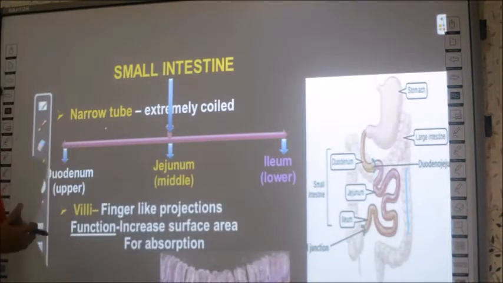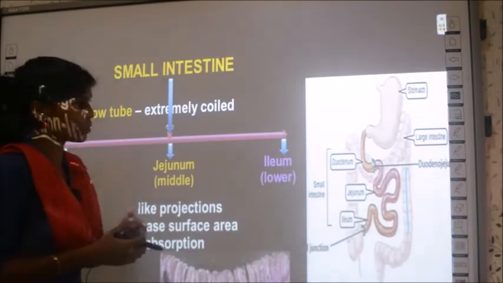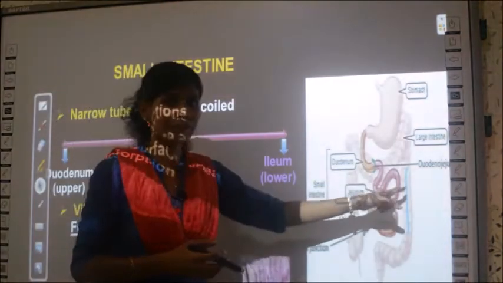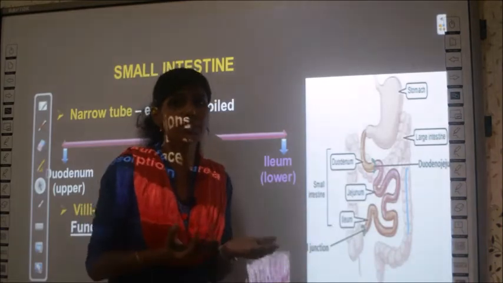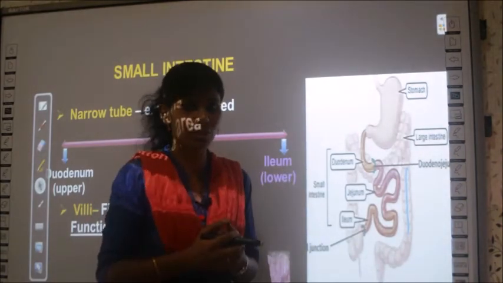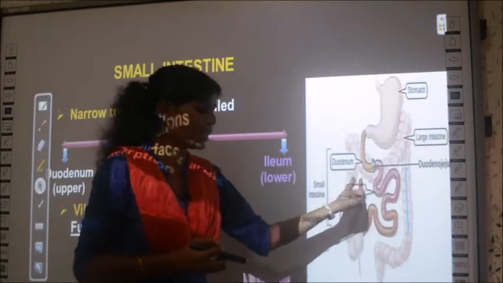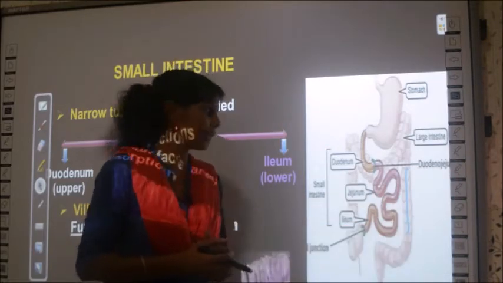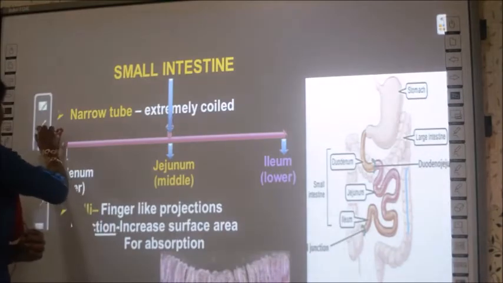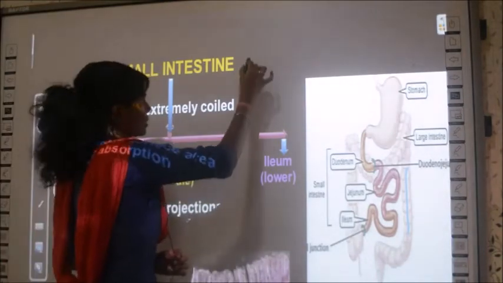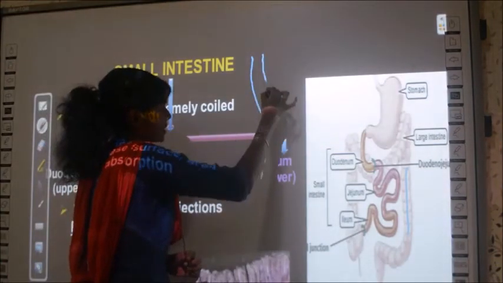Clear? Then in the walls of the small intestine, I told you about the walls in the stomach, right? What does the wall of the stomach have? They have gastric glands. Similarly, say this is the wall of the small intestine, a tube-like structure.